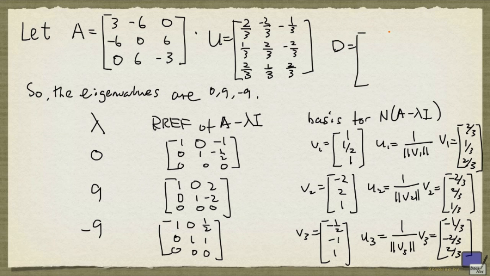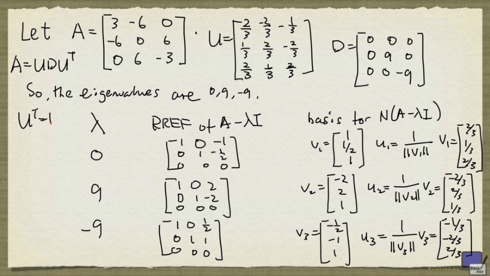And for the diagonal matrix D, I'm going to have 0, 9, and minus 9 on the diagonal, zeros everywhere else. And with this, one can check that U times D times U transpose is A. And so A is orthogonally diagonalizable because U transpose is equal to U inverse.